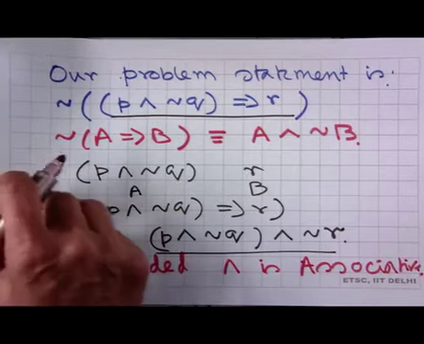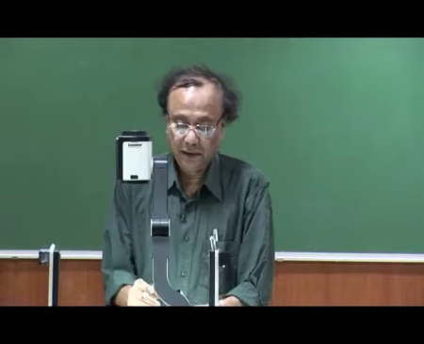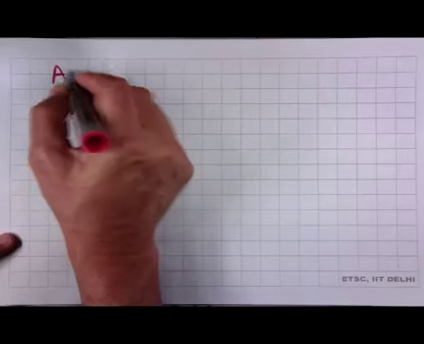So, we want to show that and is associative.